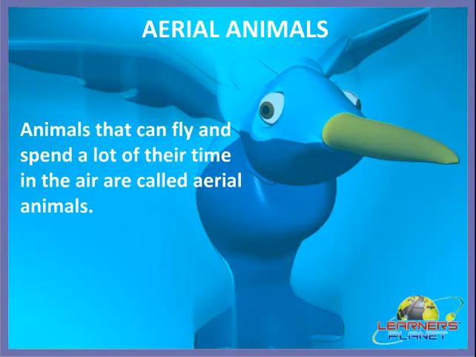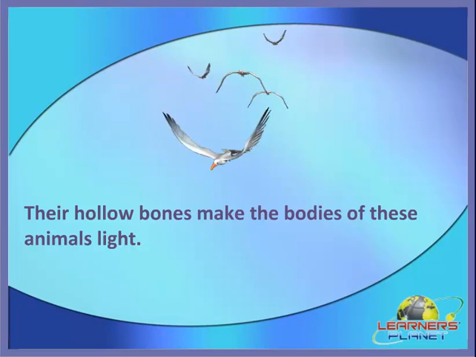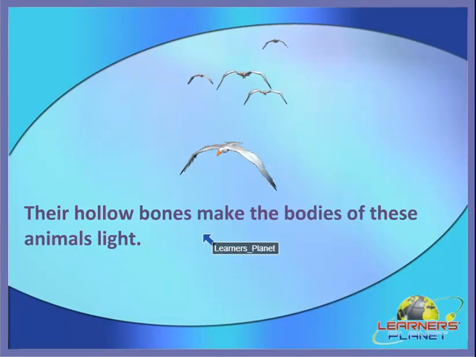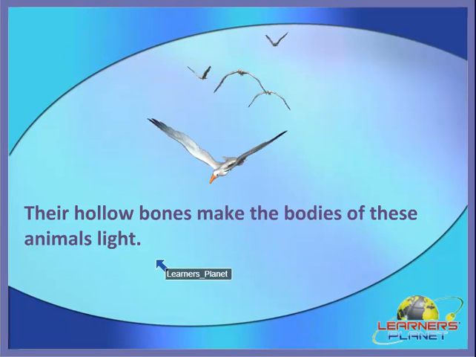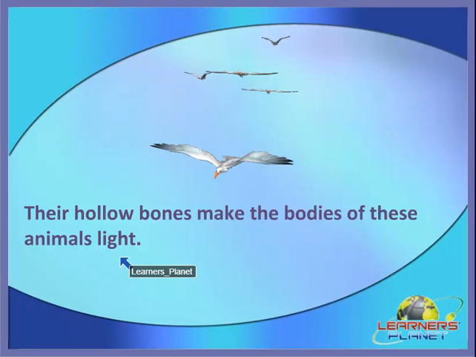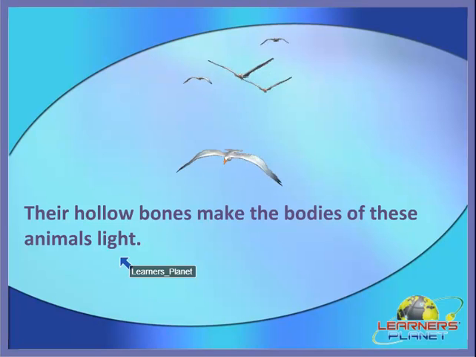Alright, so let's see some features about aerial animals. Yes, their hollow bones make the bodies of these animals very light in weight. So you can say that aerial animals are very light in weight and they have one set of limbs, right?